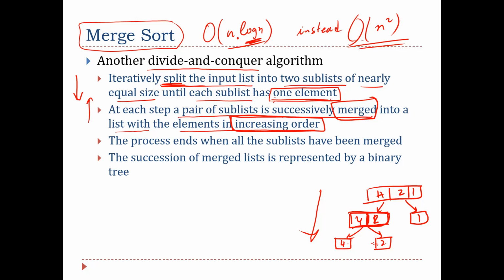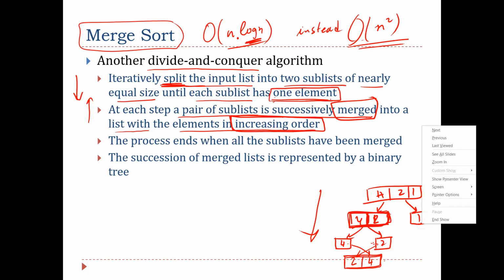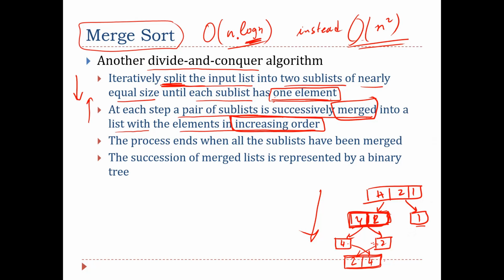So we would copy this element at the beginning, and then we would copy the other element at the end of the merged list. And then we have to merge the result of merge sort over this list with this list here, which only contains one element. And we would apply the same concept.